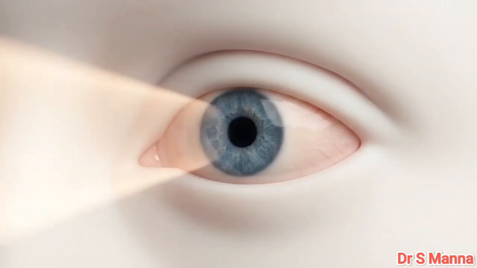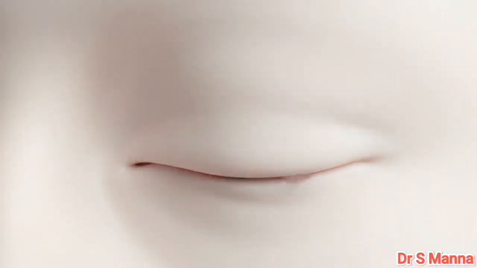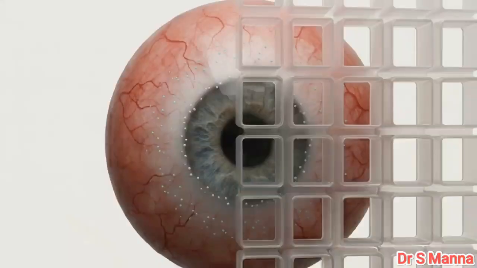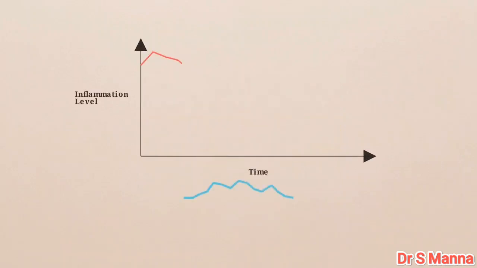We move into the moderate tier the moment the cornea becomes compromised. Clinically, the patient will present with intense photophobia. This tier is marked by focal limbal inflammation, Horner-Trantas dots, or superficial punctate keratitis. This objective evidence of tissue damage requires an immediate shift to pulse therapy, utilizing low-dose topical corticosteroids like fluorometholone.